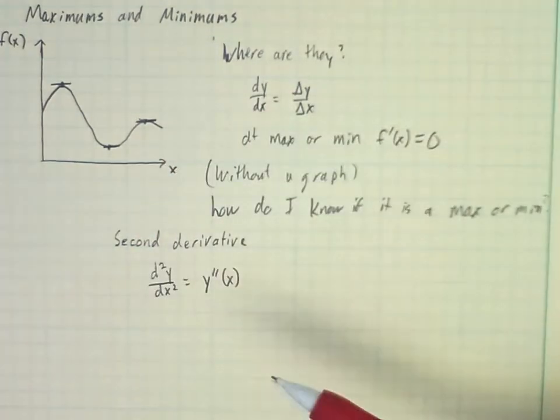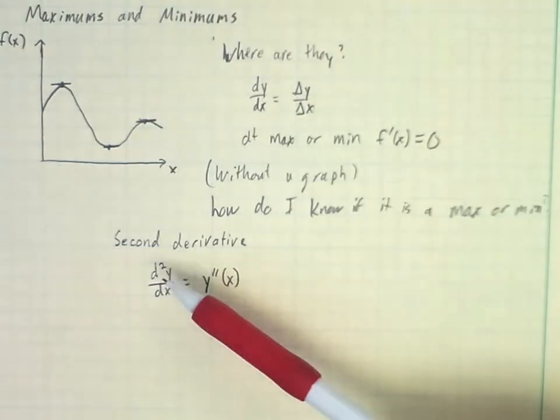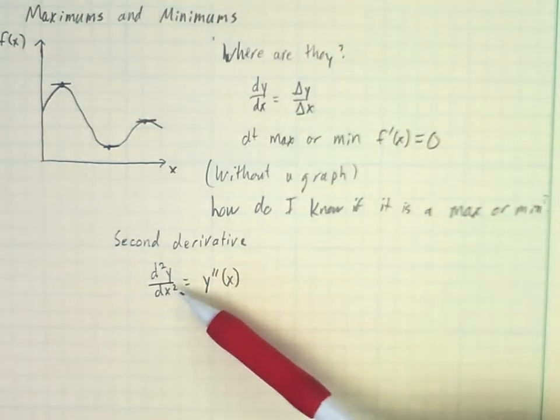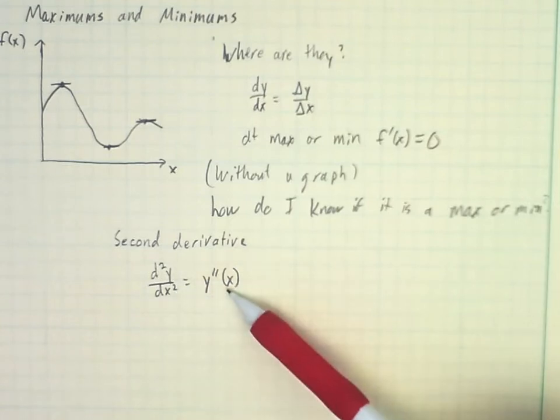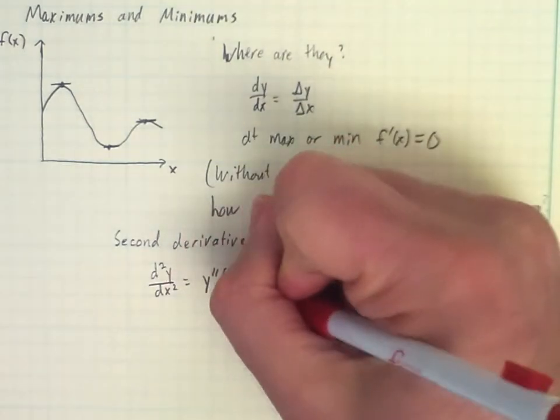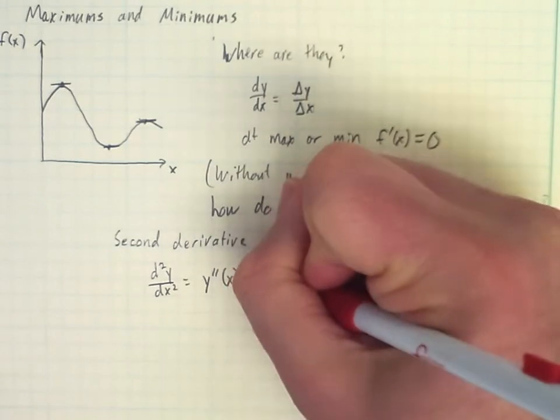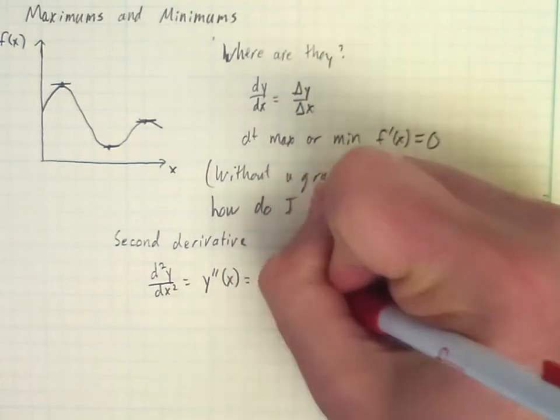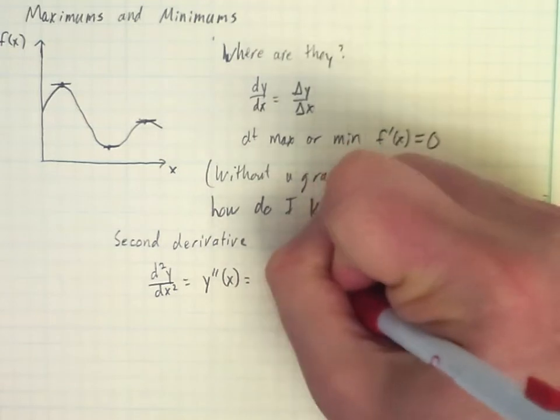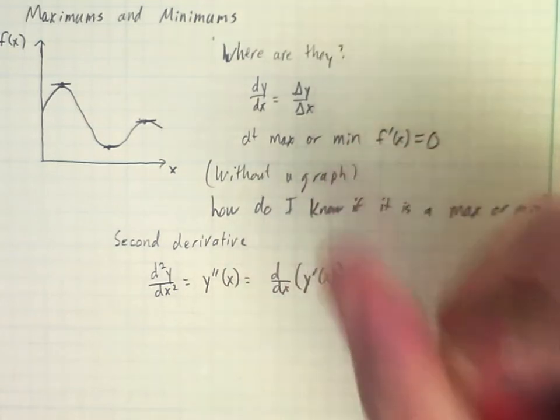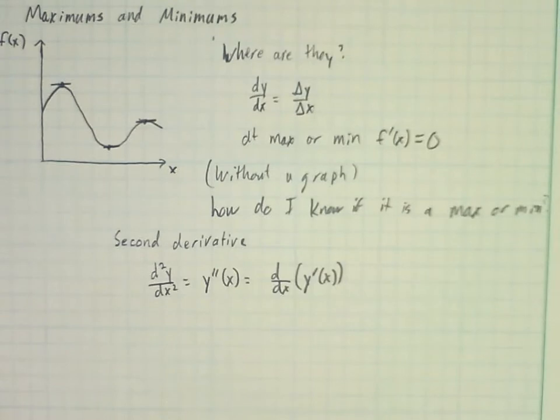We may notate it this way, d squared y over dx squared, just noting that we've taken the derivative twice, or y double prime. Another way to think about that is d dx of the first derivative. So it's the derivative of the first derivative, the second derivative.